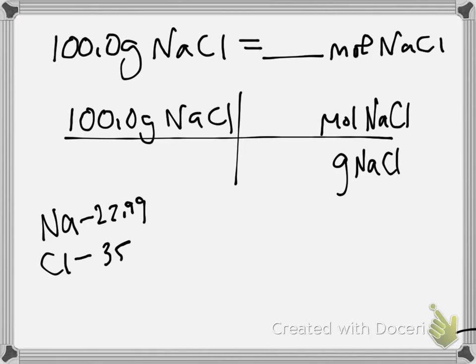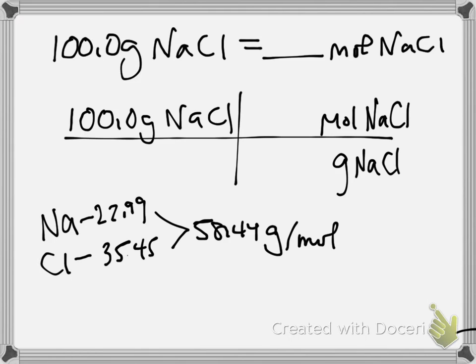And 35.45, yes. Okay, so 58.44 grams per mole. The units right there give me the relationship: 58.44 grams in 1 mole. So I'm going to divide 100 by the molar mass. I'll shrink this and get it off to the side.